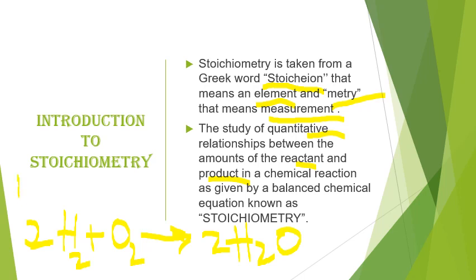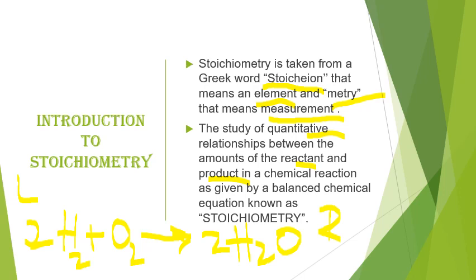On the left hand side of the arrow, there are the reactants in a balanced chemical equation, while on the right hand side of the arrow, there are the products of the reaction. This is a complete balanced chemical equation which is telling you about the synthesis of water by using two elements, that is hydrogen and oxygen.